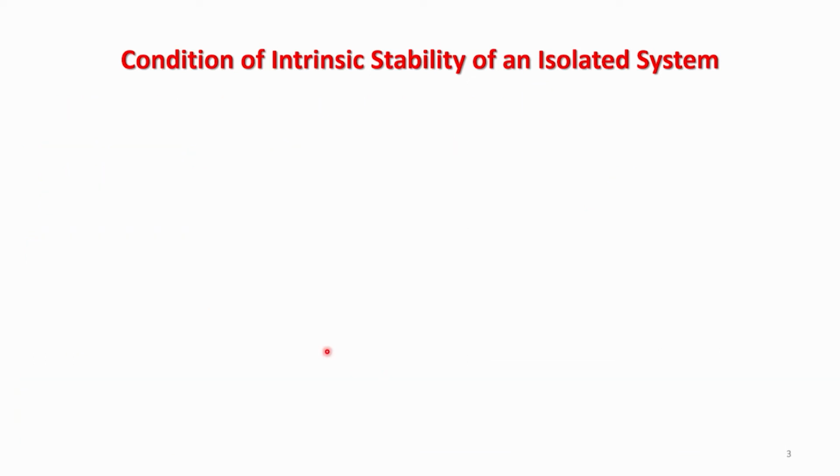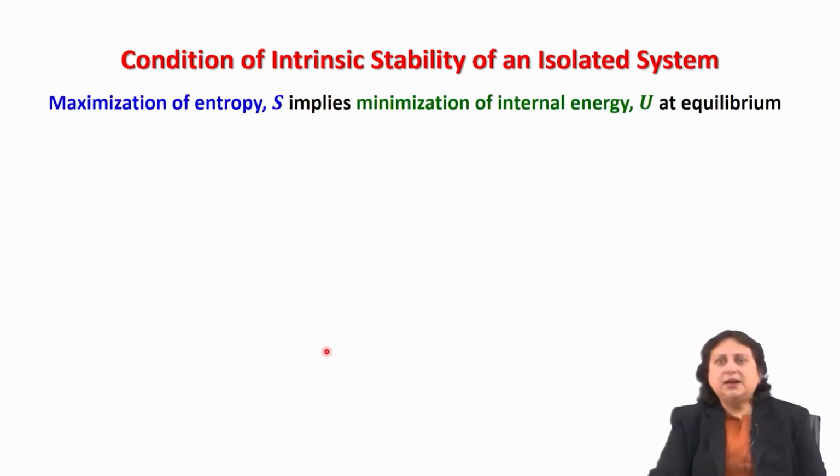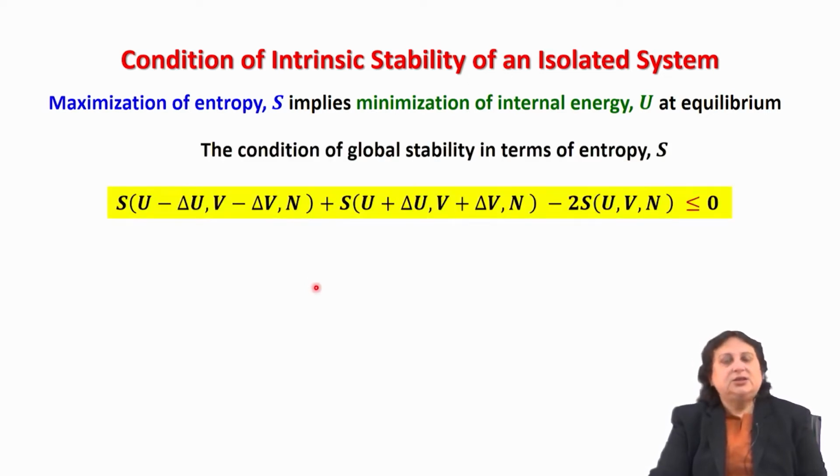Now, you can very easily ask me that in an isolated system, maximization of entropy implies minimization of internal energy at equilibrium. So, can I use the concept of internal energy to describe the condition of stability as well? Of course, one can do that. So, what one can do is you will understand that whatever is negative for entropy will become positive for energy.